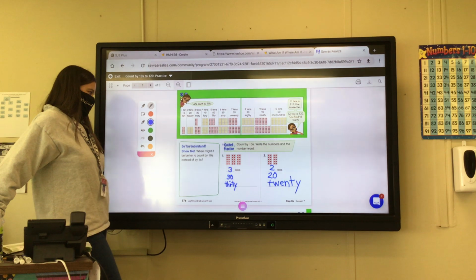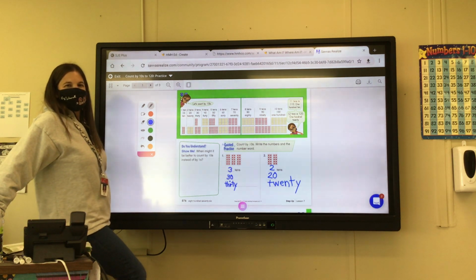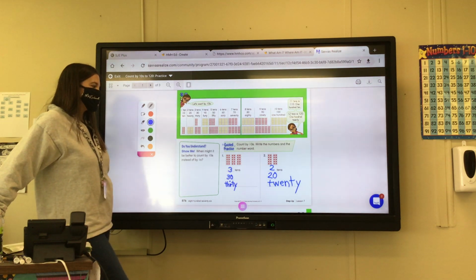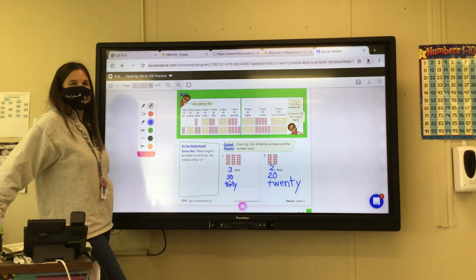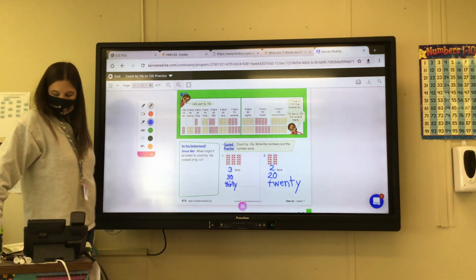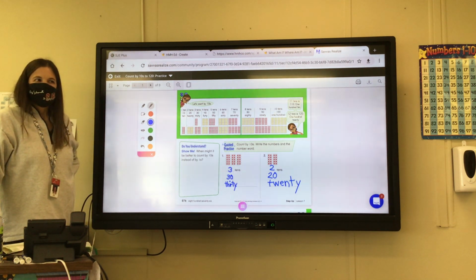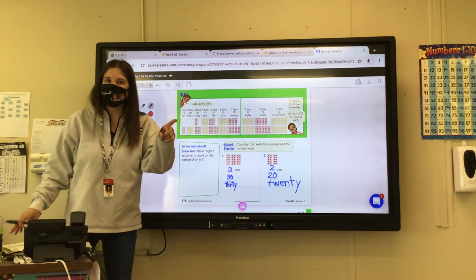Okay, I have a question for you. When might it be better to count by 10s instead of 1s? When might it be better? When you're in a rush? Good. What else?